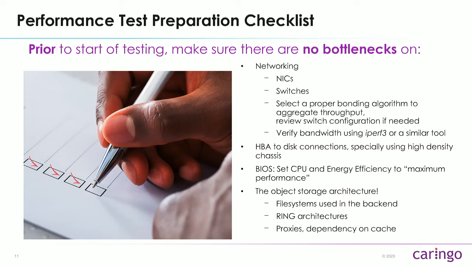I think the last one is the object storage architecture itself, right? So you may think that your object storage system is a great system that scales out and is able to handle very high throughput connections and so on. But you may not know that there are some limitations in the architecture itself. For instance, some of the object storage solutions in the market use a file system in the backend.